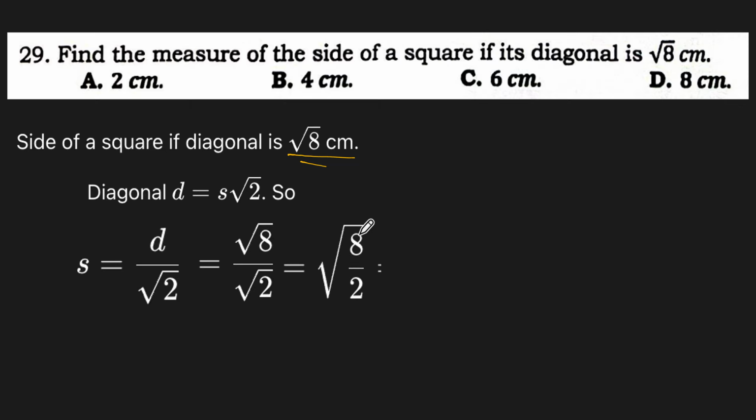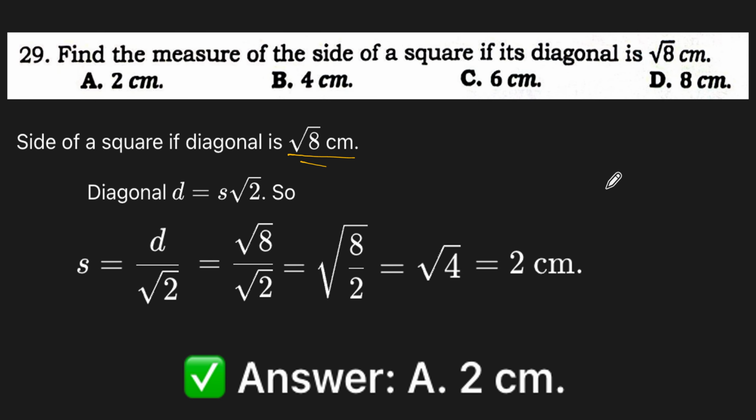We can write it as the square root of 8 over 2 if we apply the quotient property. And then 8 divided by 2 is 4. So the square root of 4 will give us 2 centimeters. So the answer would be letter A.